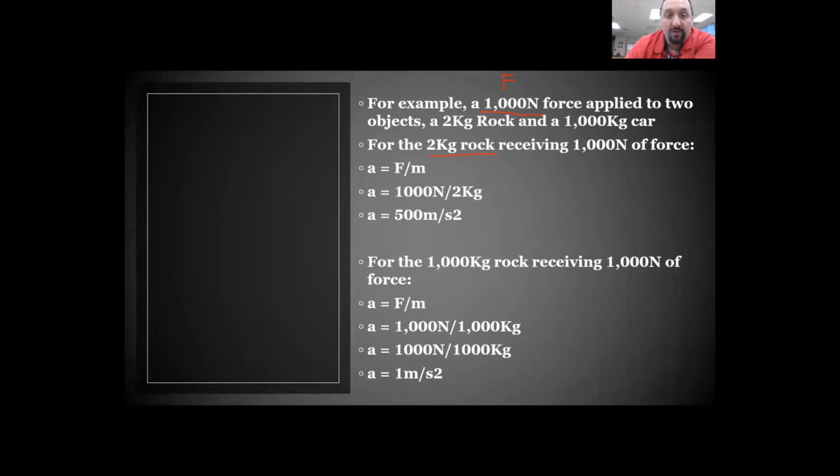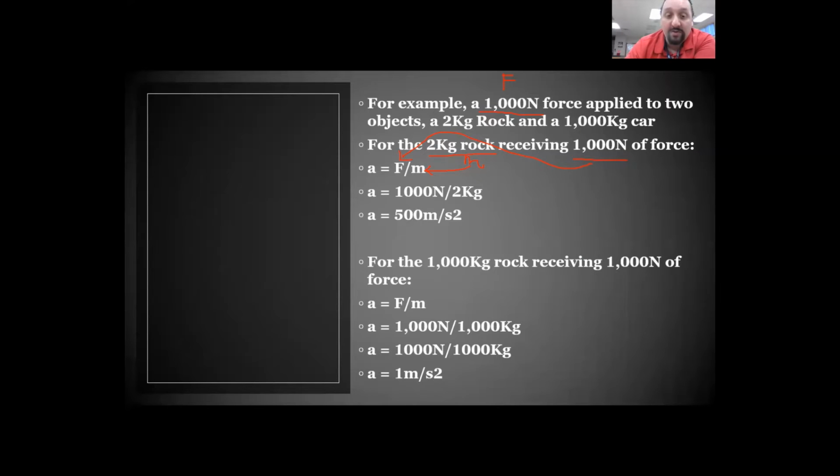We place the kilograms in the M, and the item in newtons in the force.